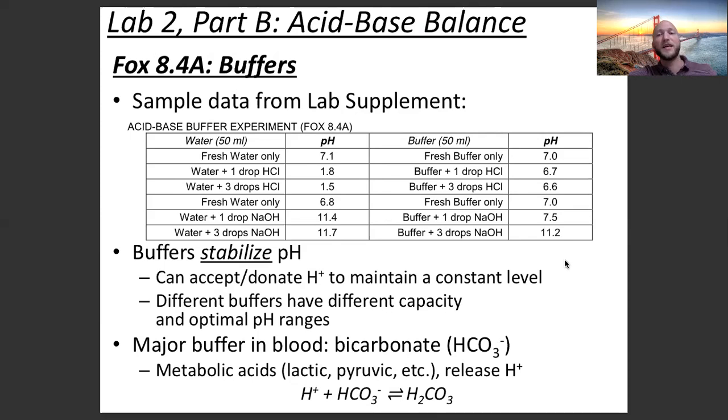So buffers stabilize pH. They help resist change. If you have a set point for your blood pH, and you do not want your blood pH to change away from that spot, what's a good way that your body could help maintain that set point?